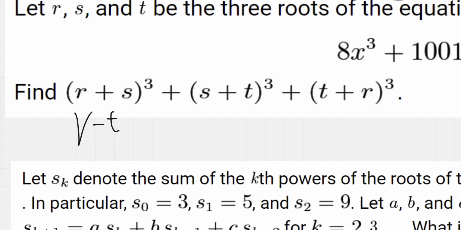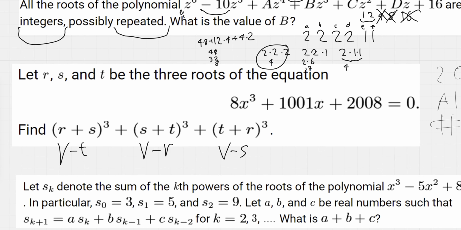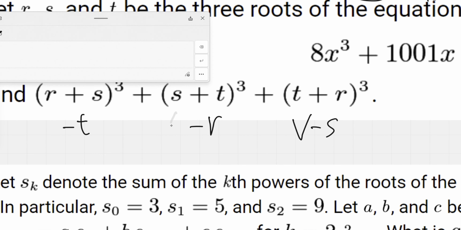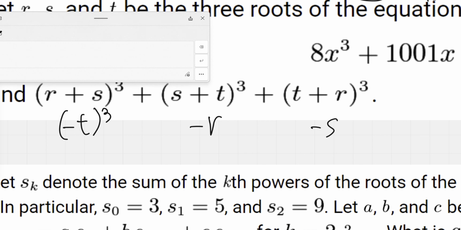It's just the first thing that came to mind. You have V minus R, and you have V minus S cubed. But what you'll notice is that there's no x squared term here. That means V is 0, which is very convenient for us. You have minus T cubed, minus R cubed, minus S cubed.